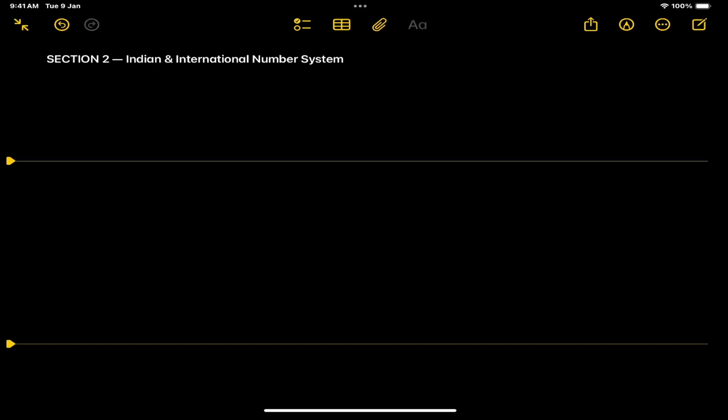So let's give an example of a person earning 1 lakh rupees. In Indian number system, how will we write this 1 lakh rupees? But if the same number is to be shown to an American, or in international numbers, how will you show it?